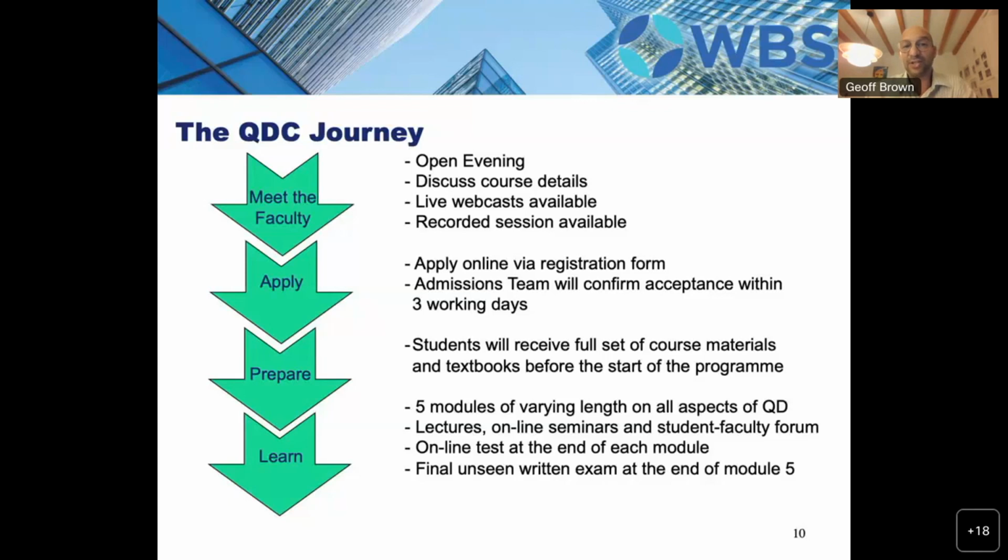The admissions team usually takes up to 3 days to determine whether or not you're suitable for the program. You'll then receive a full set of course materials and textbooks before the start of the program, and then you begin the program. And it's 5 modules of varying length, so on average, 1 month each, and it covers all aspects of quantitative development.